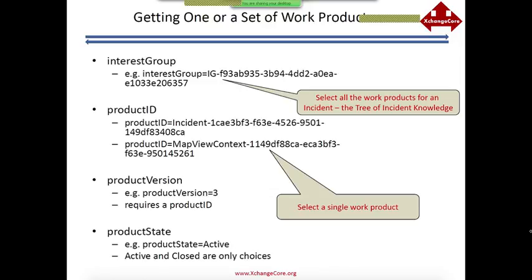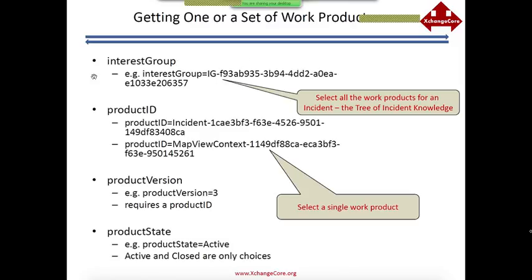Where's my tree of knowledge coming from? Or how do I get a single work product? Down here, I can ask for this specific work product by having this product ID. Or over here, the specific incident work product. You'll see examples that represent that because I want to focus on this one, because this is an interest group. All of the work products associated with an incident become part of this interest group.